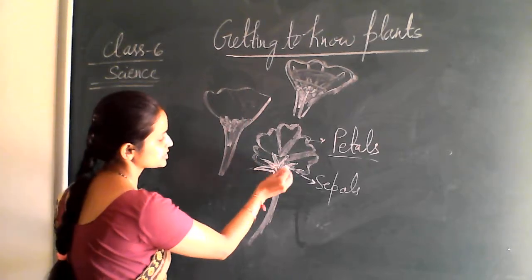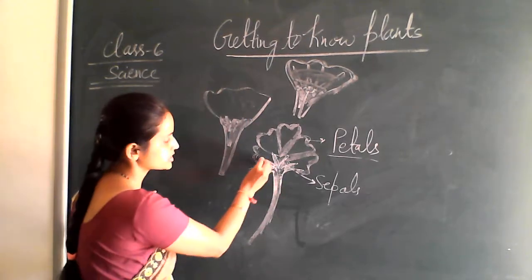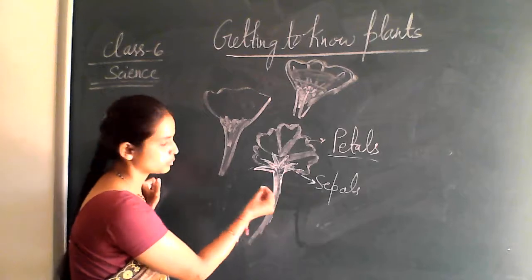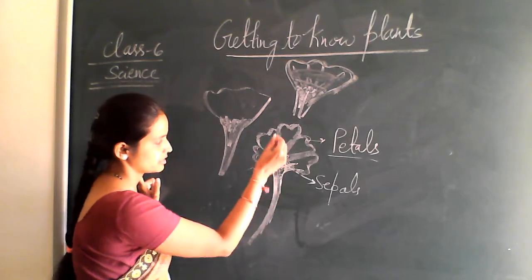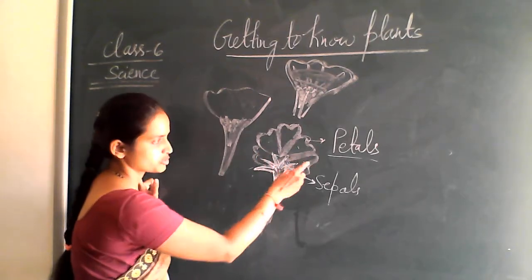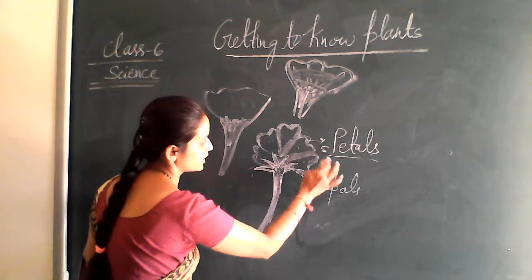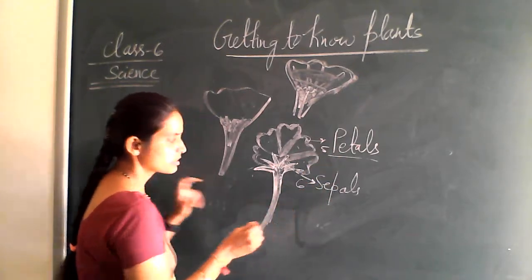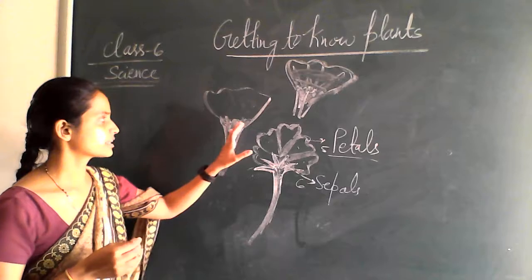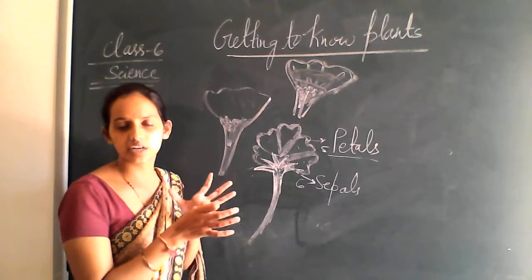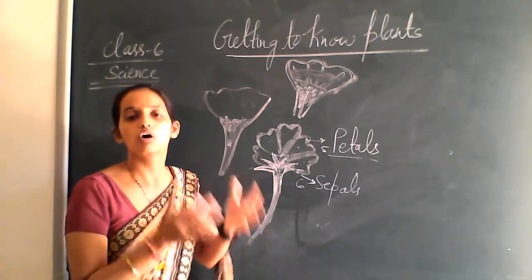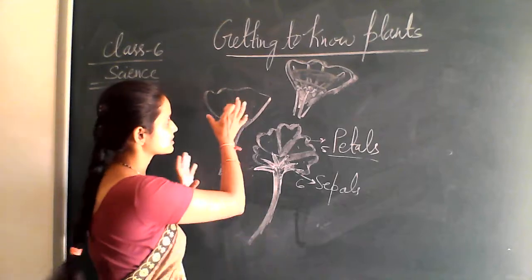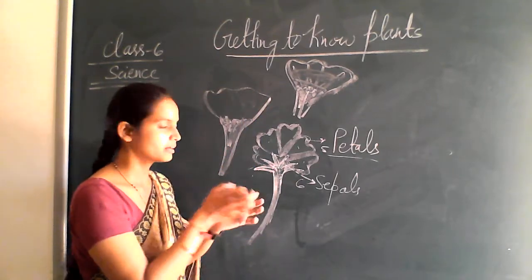But in this you can see the separation. Individual sepals you can count, 1, 2, 3, 4, 5, 6. And petals, 1, 2, 3, 4, 5. So 5 petals you can see, right? And here you can see 6 sepals, right? But in this condition, you cannot differentiate how many petals or how many sepals there are as they are joined together, right?